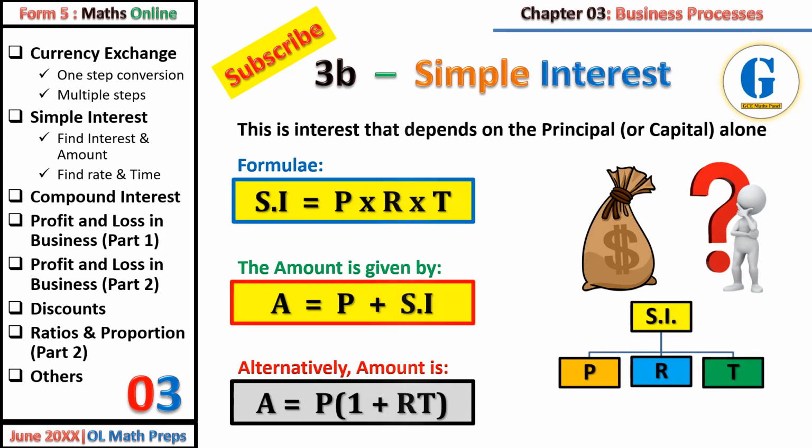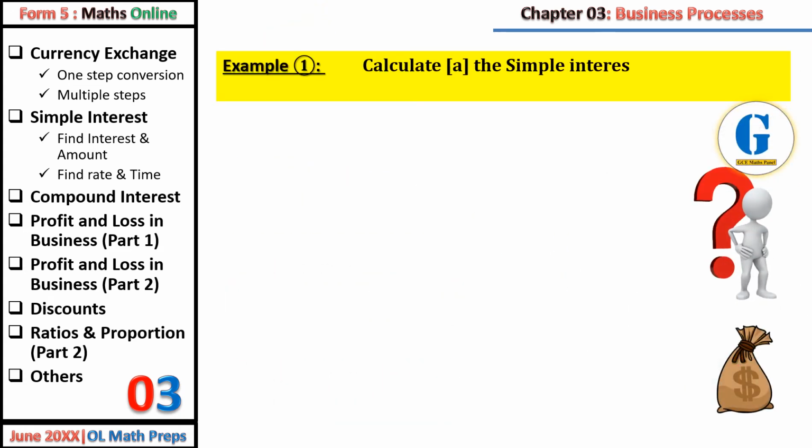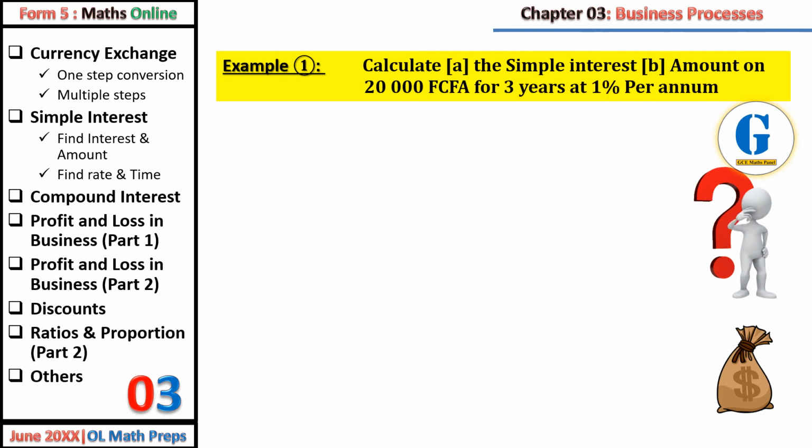Let's take some examples. Calculate A, the simple interest, and B, the amount on 20,000 FCFA over 3 years at 1% per annum. Annum means year. So whenever you see the word annum, it stands for year.